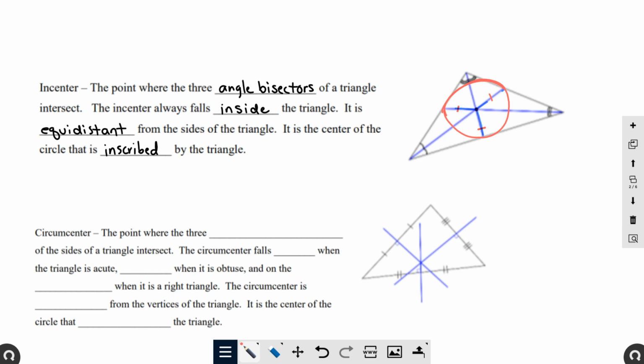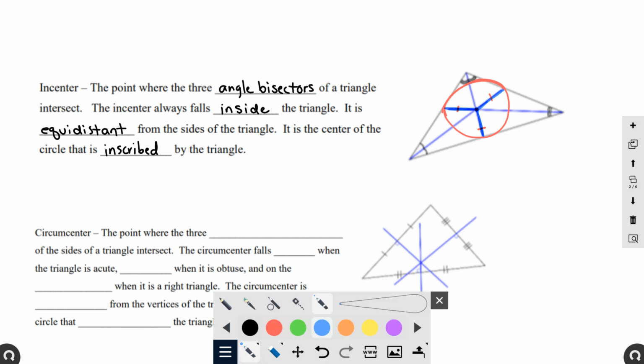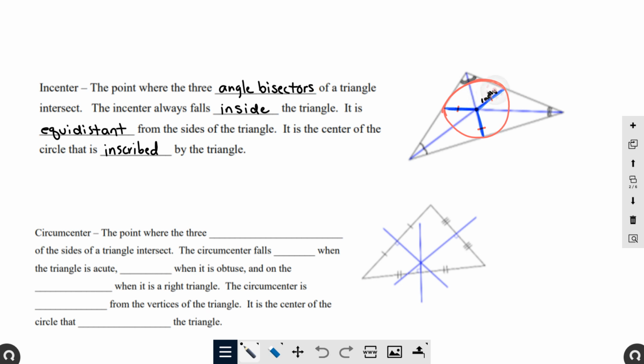And the reason it does is because these three segments are equal to each other. So what does that mean that this segment is, and this segment, and this segment? With that circle, it's a radius. You're exactly right. These three segments are the radius of that circle.